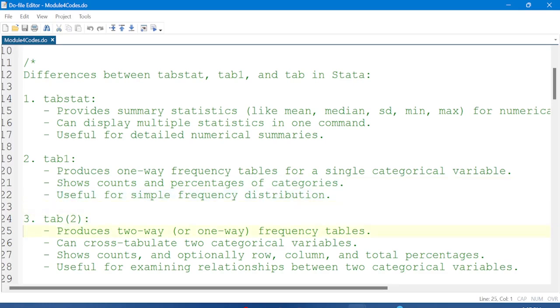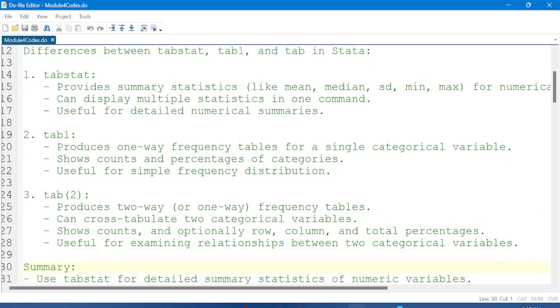And let us now also see how tab2 or just tab is different from tab1 and tabstat. Remember, you can issue the command as tab2 or just tab. The 2 is optional, but you can just issue it with tab. Unlike tab1, it produces one-way or two-way frequency tables.